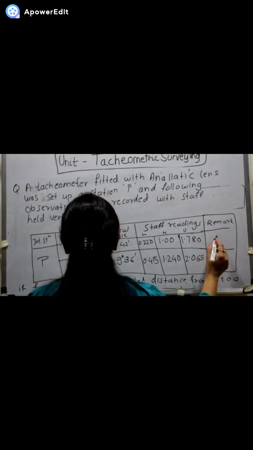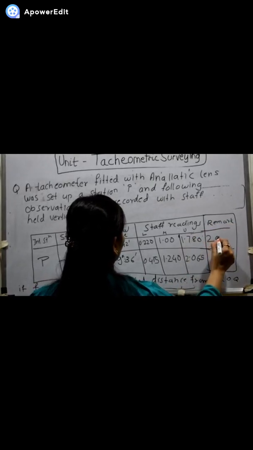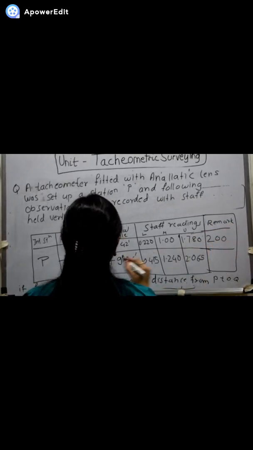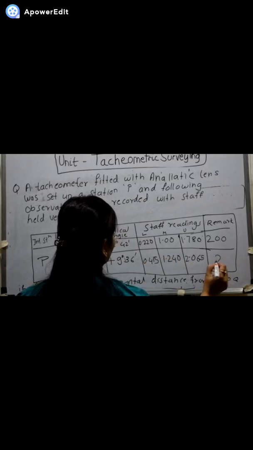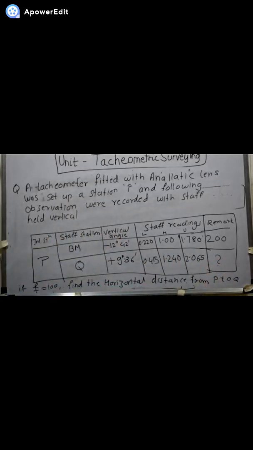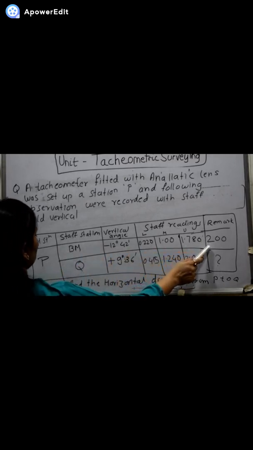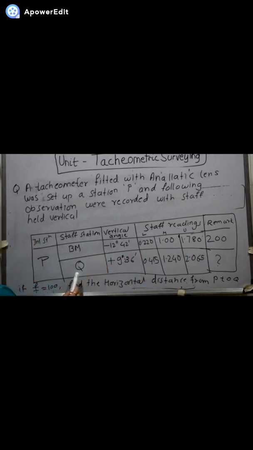In the remark they have said the RL of benchmark is 200 and we have to find the RL of Q. So here they have given the analytical lens, that means f plus c is 0. Multiplying constant, they have given f by i, they have given the RL of one point, and we have to find the RL of another point. At the same time we have to find the horizontal distance.